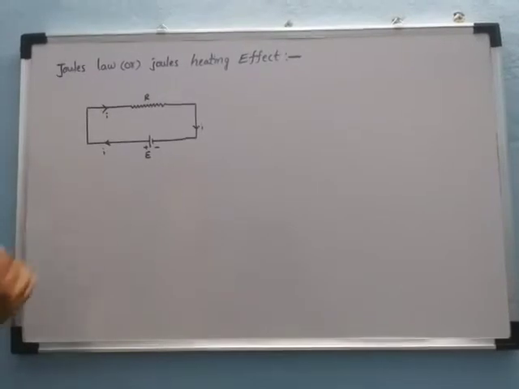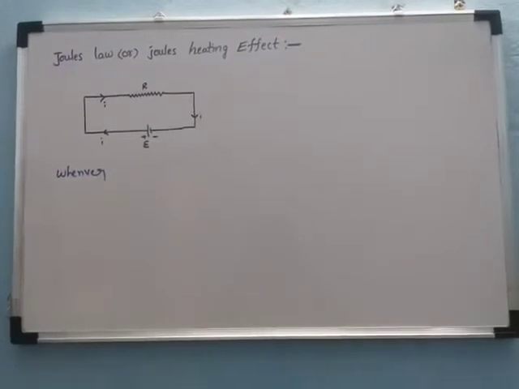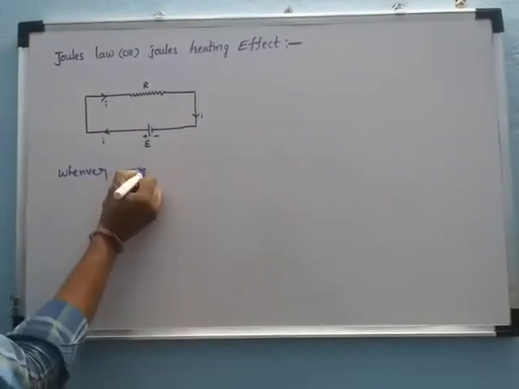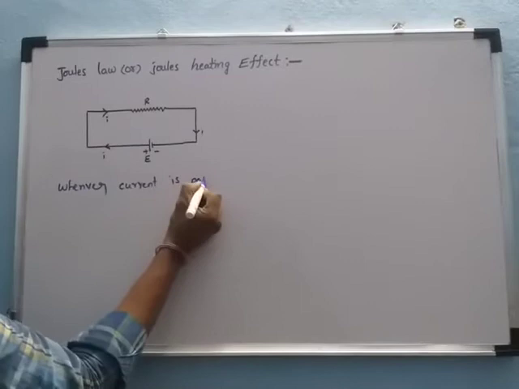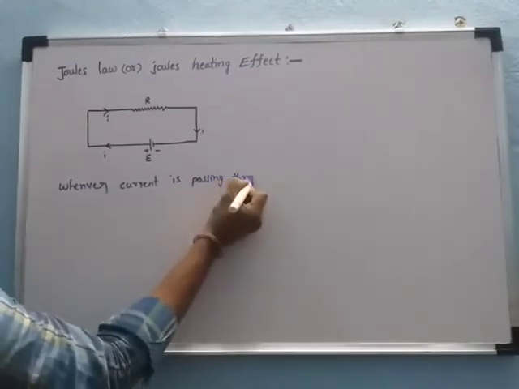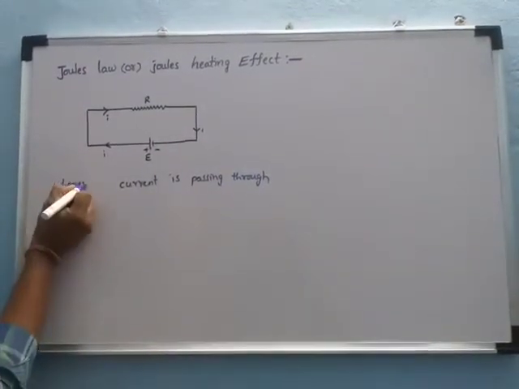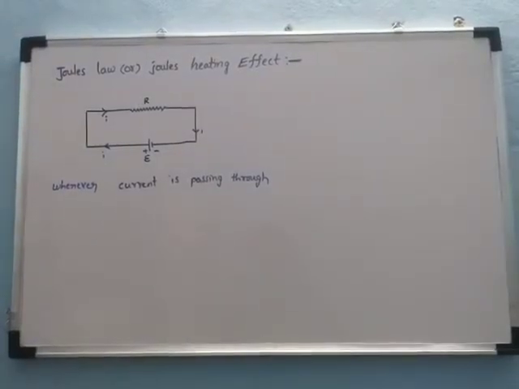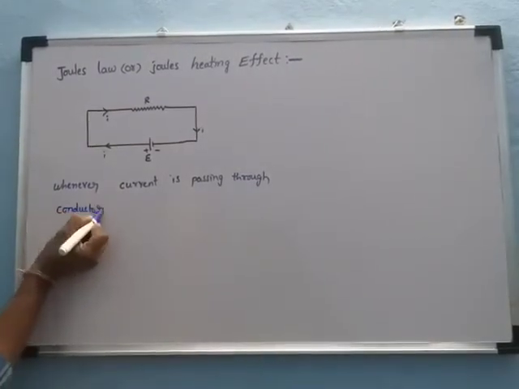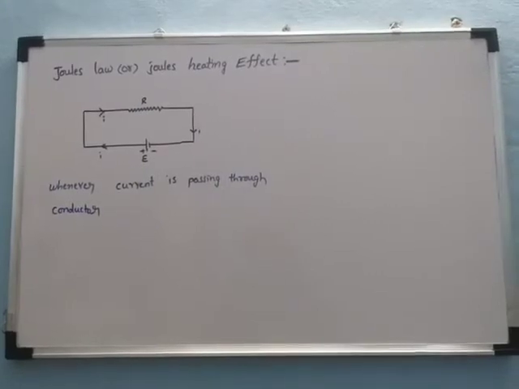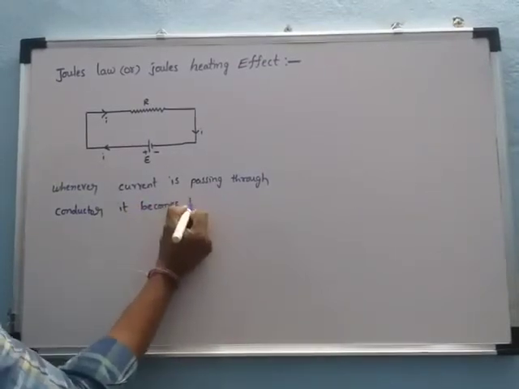Now see this. Whenever current is passing through a conductor, a conductor is nothing but a resistance.